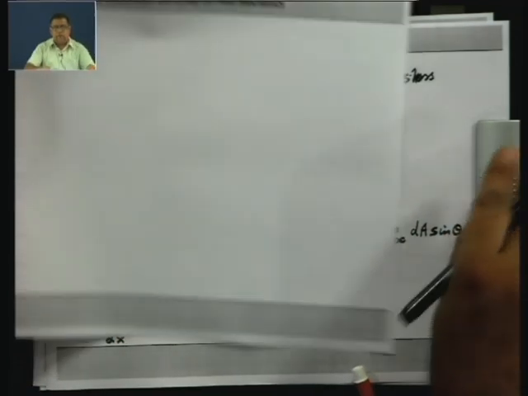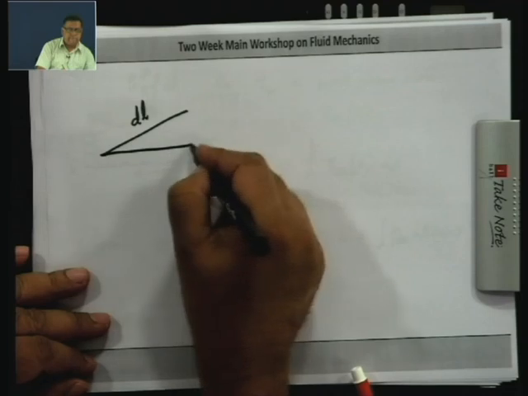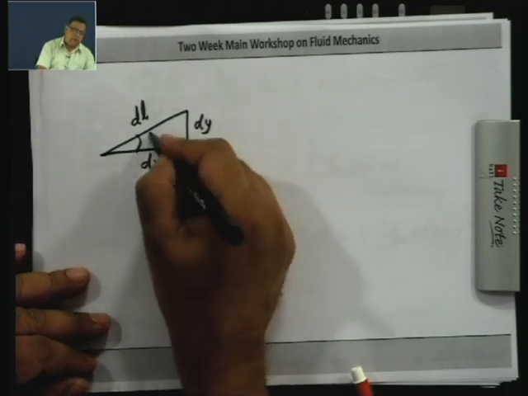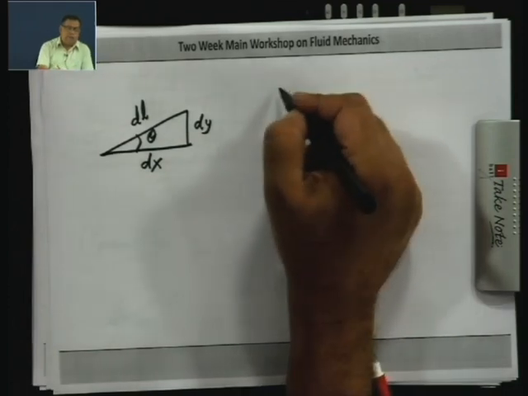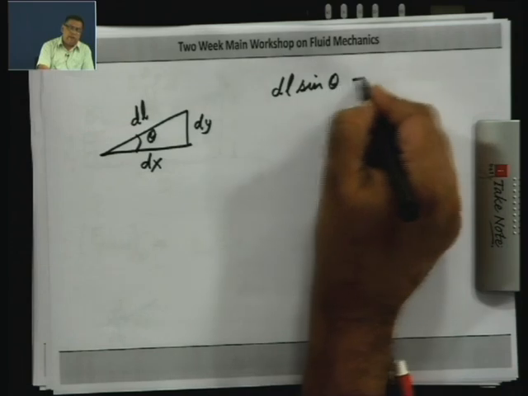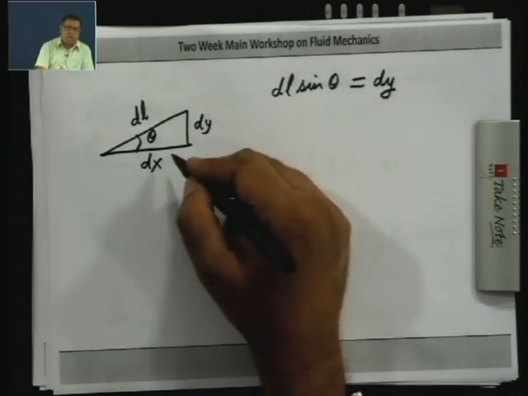If you are getting confused, I will draw another enlarged view. Let us say this is dl, this is dx, and this is dy, and this is theta. You will see from here that dl sin theta is dy and dl cos theta is dx, but we do not need it.